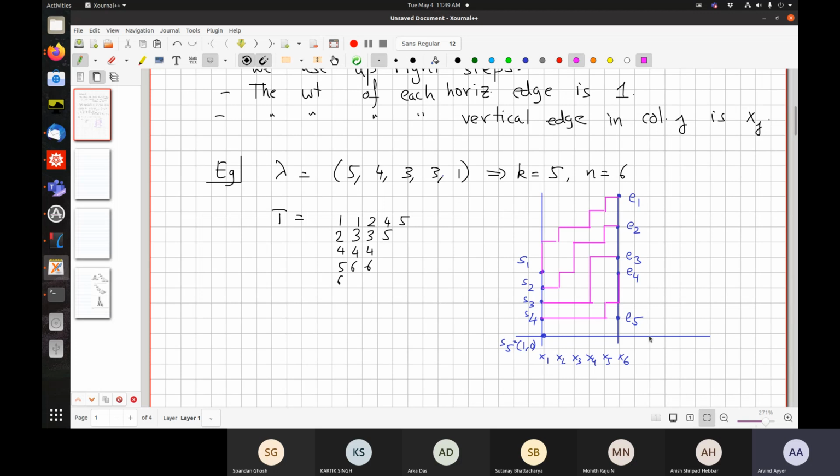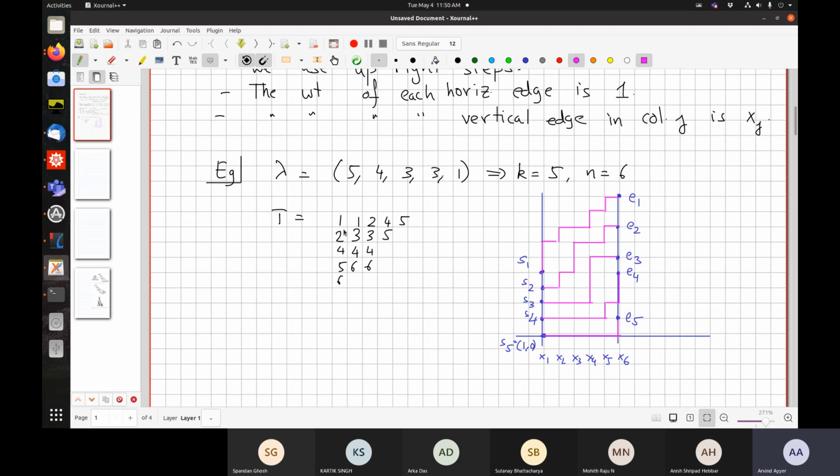And for the last one, there's only one vertical edge. Okay, so you see, you get a non-intersecting lattice path.